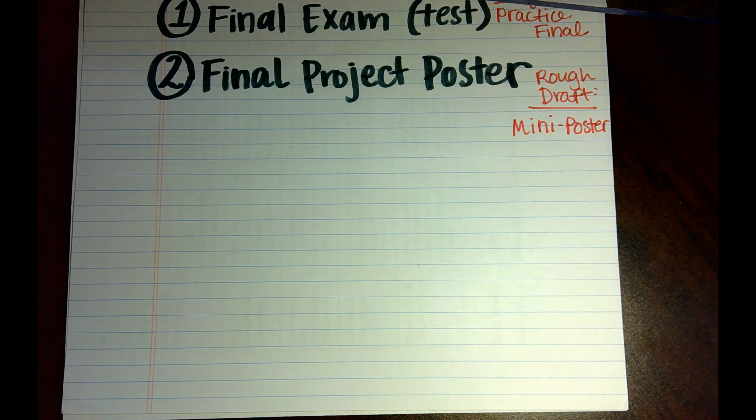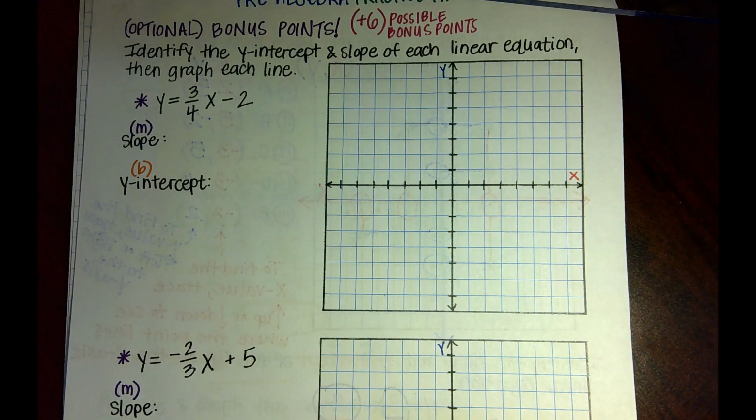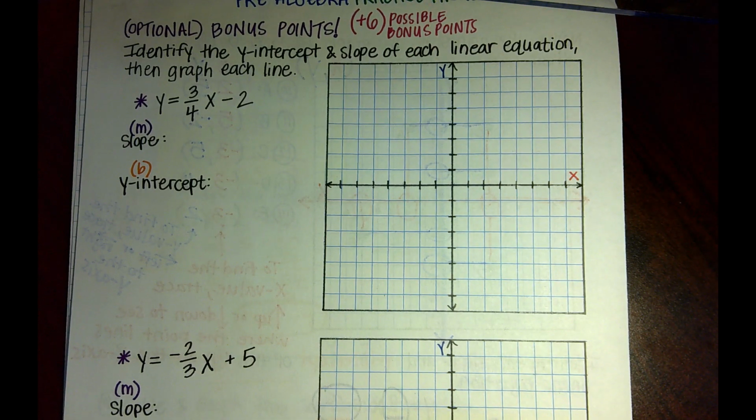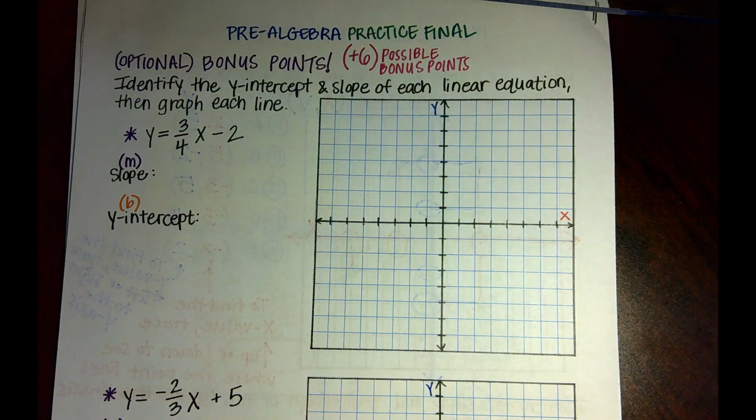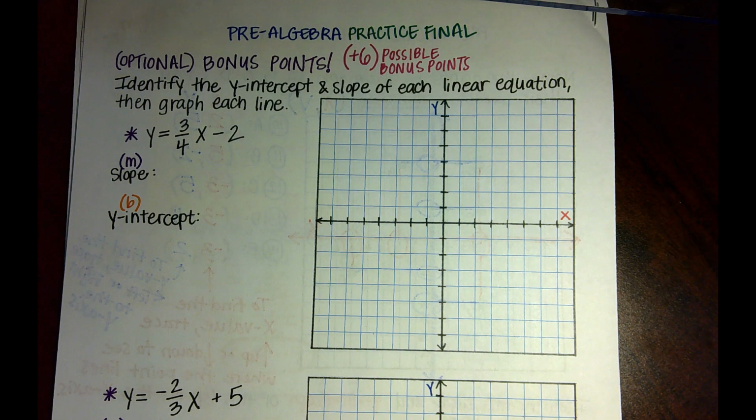Now I'm going to flip to page 4. These are bonus points. You don't have to do them, but it is good practice and good to give it a go if you want some bonus points. This is graphing a line. It sounds scary, but it's not too bad if we break it down and look at it slowly.